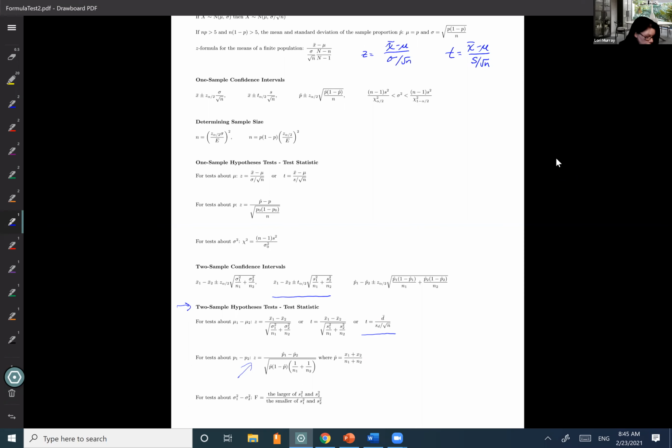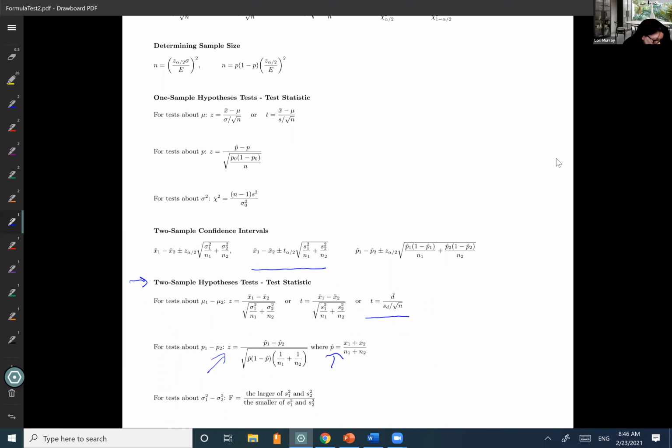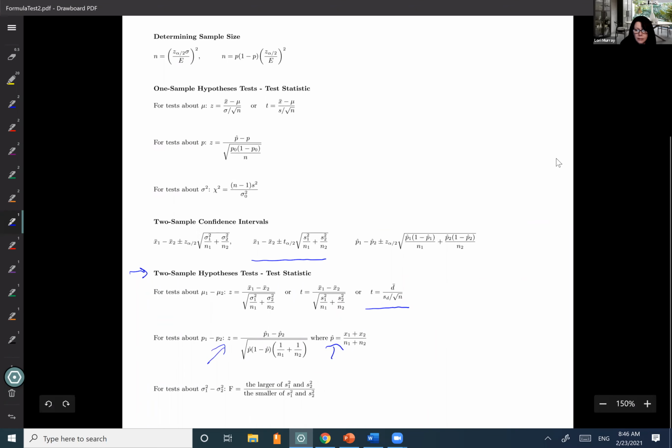We just use a p hat or no hat, I guess. It should really be denoted with a different value. That should just have no hat. So just remember that this goes into the denominator where you pool the p together.